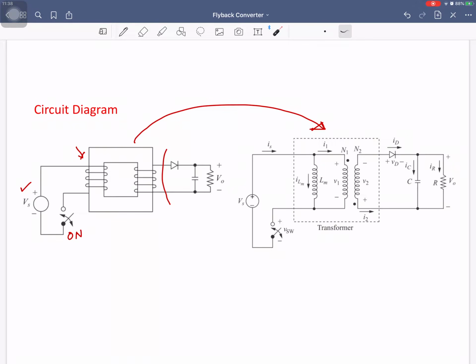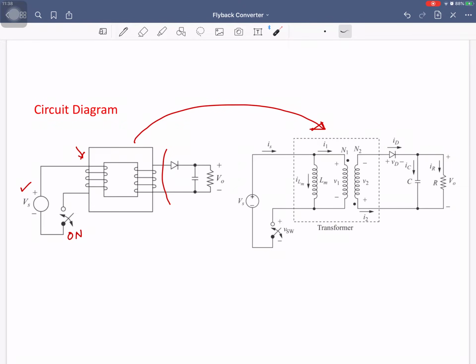So we will analyze the flyback converter circuit by considering the equivalent circuit of the transformer that is shown over here. The effect of losses and leakage inductances is very important when considering the switch performance and protection. But the overall operation of this circuit is best understood with the help of the simplified transformer model.